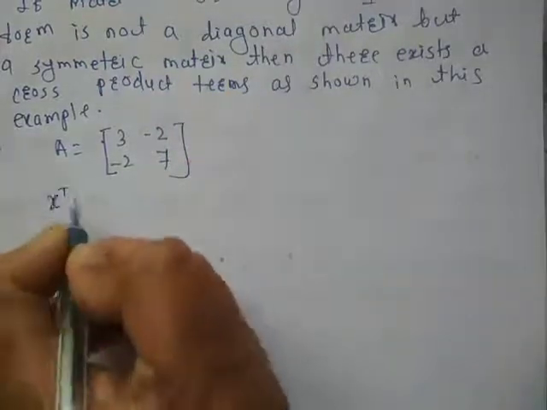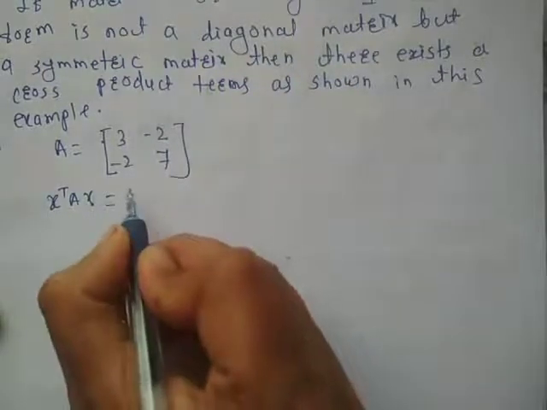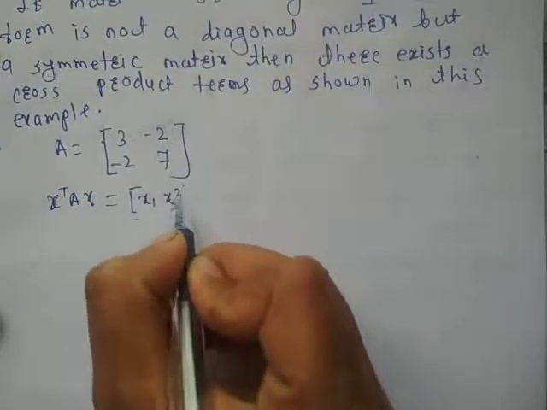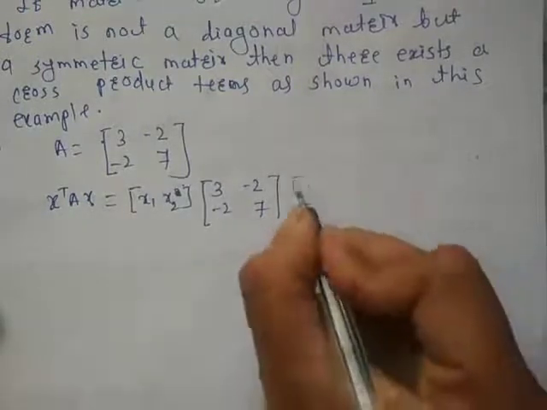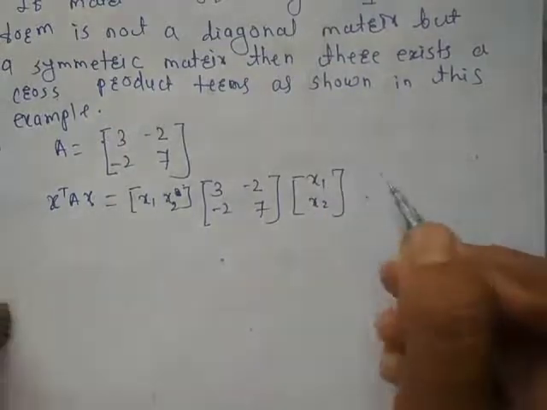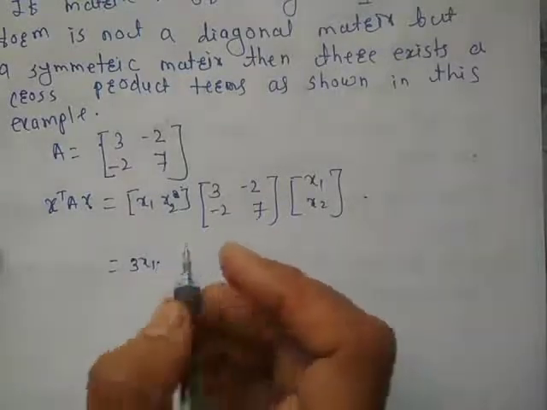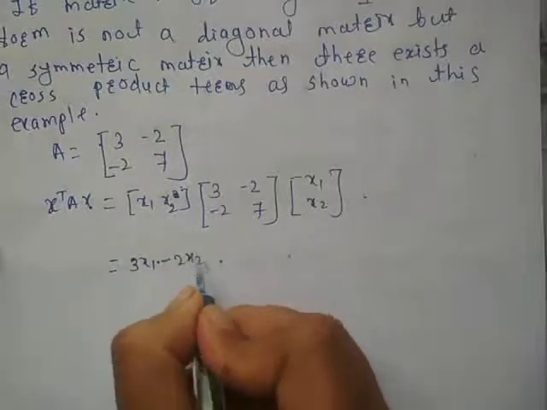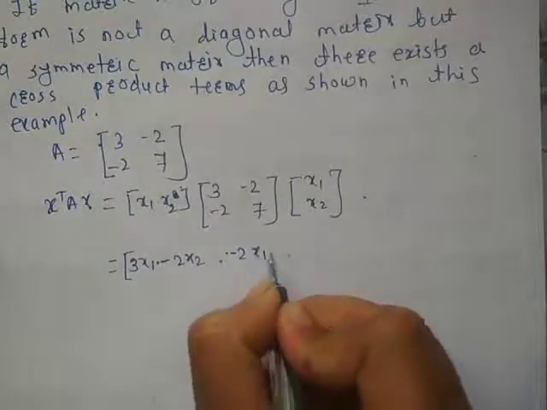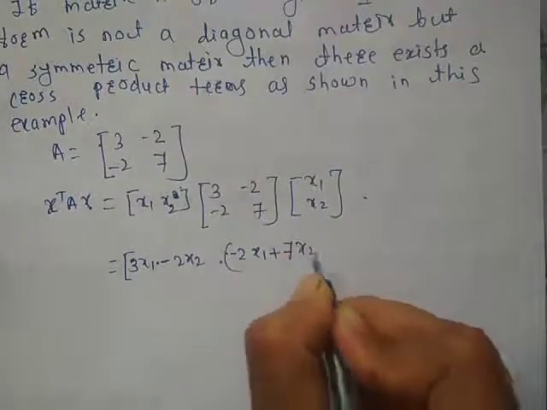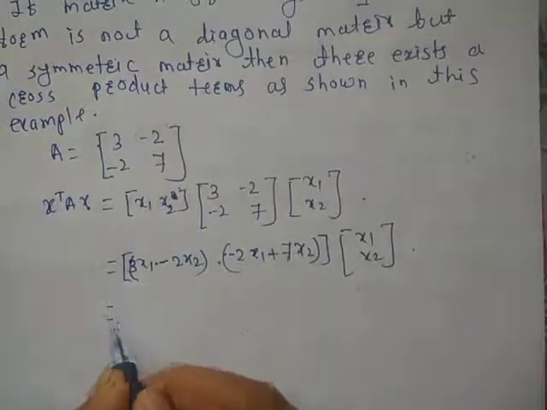The quadratic form is x transpose A x, where x is the vector x1, x2, so x1 x2 times [3 -2; -2 7] times x1, x2, which equals 3x1 minus 2x2, and minus 2x1 plus 7x2, times x1, x2.